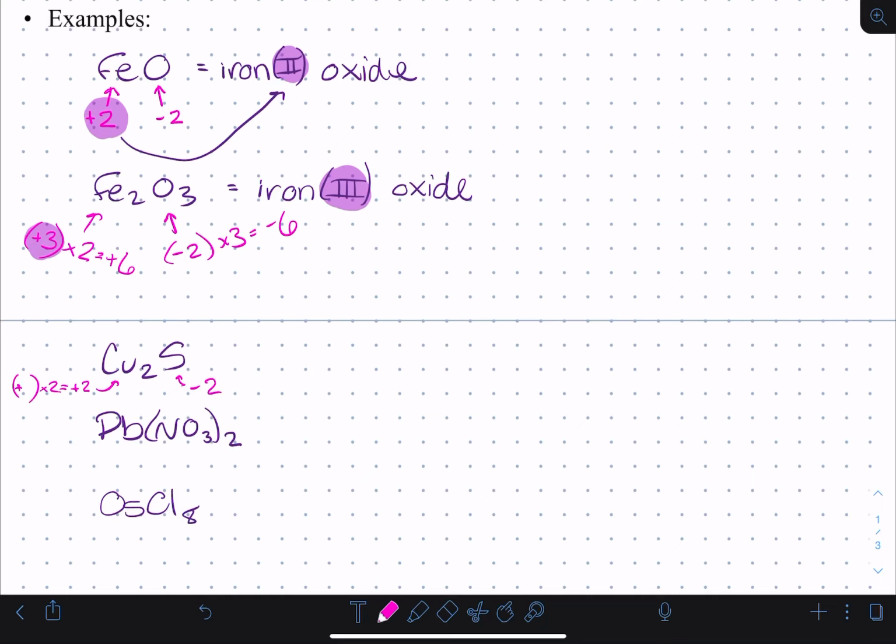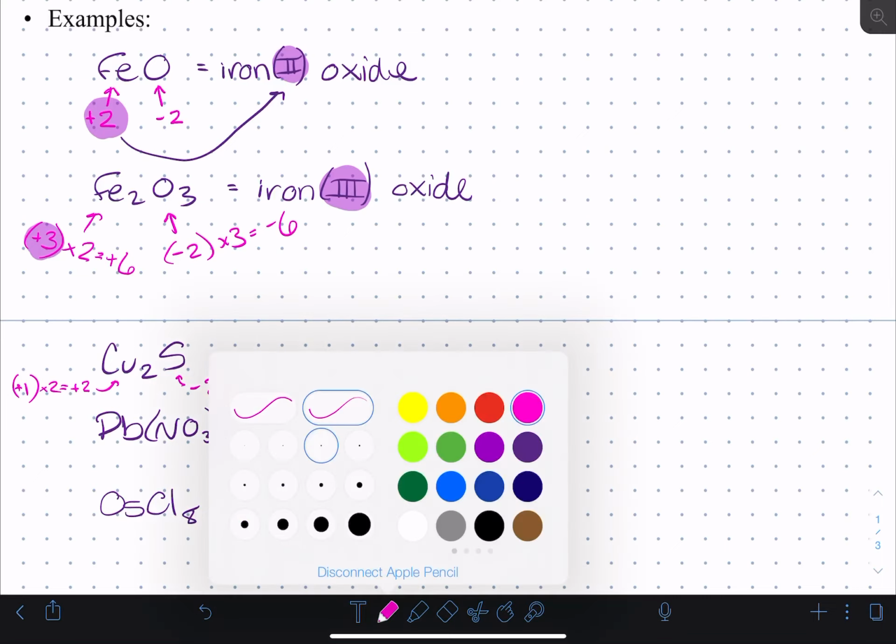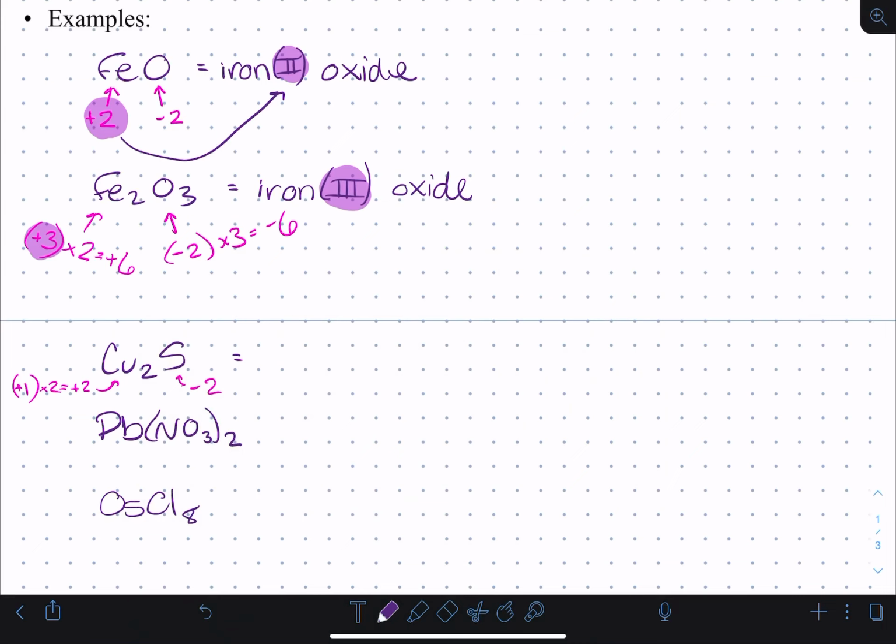So each one must be +1. So the name for this compound is going to be copper(I) sulfide. So our charge was +1, so we have Roman numeral 1 after the copper.